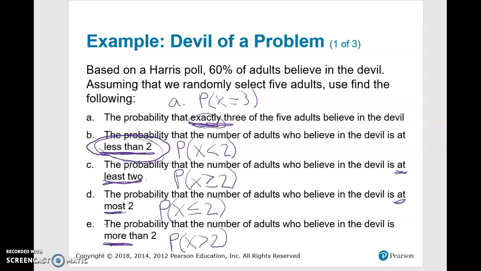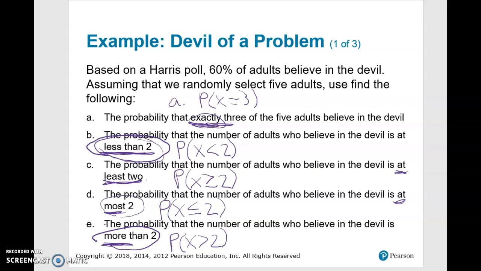For C, our cue phrase is at least 2. So we're looking for the probability that X is greater than or equal to 2. The cue phrase in the fourth one is at most 2. So we'll have P of X is less than or equal to 2. And finally, we have more than 2 as our last key phrase. So we'll have probability of X is greater than 2.